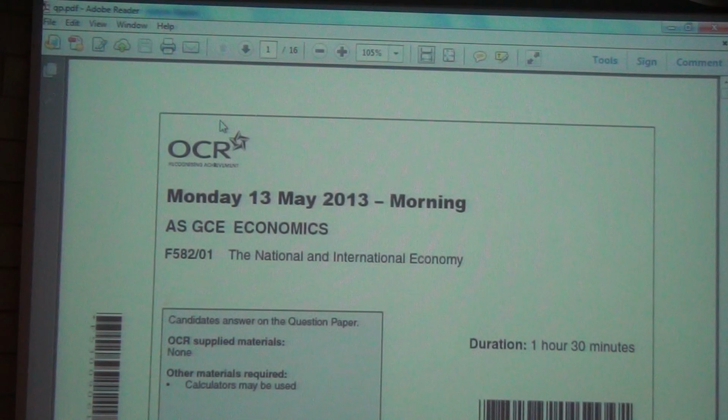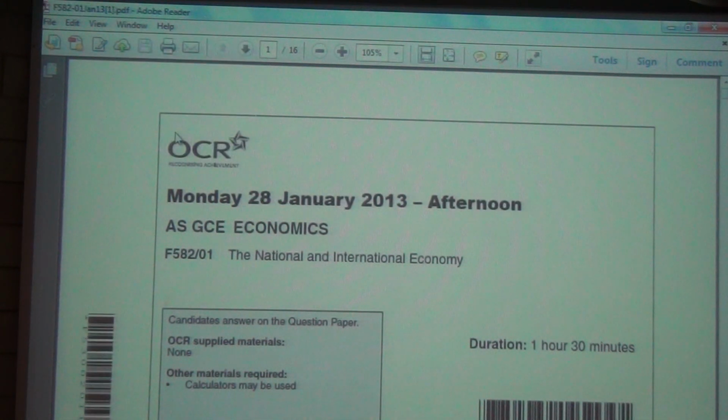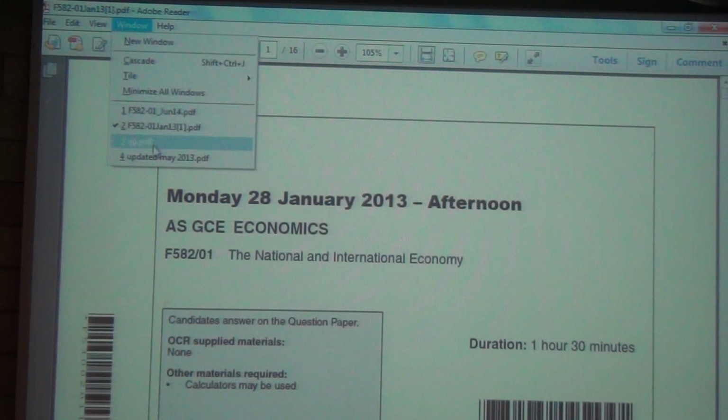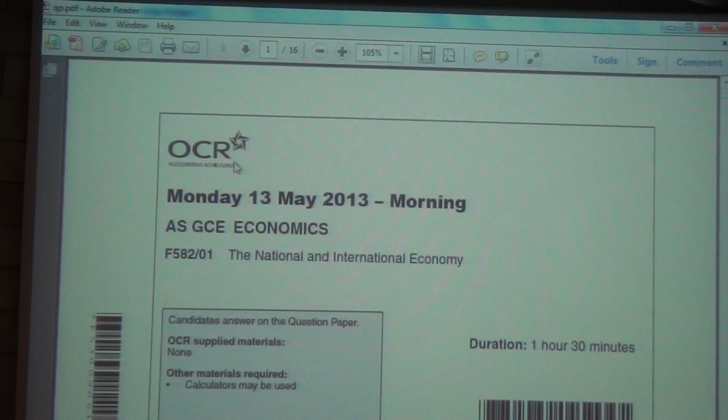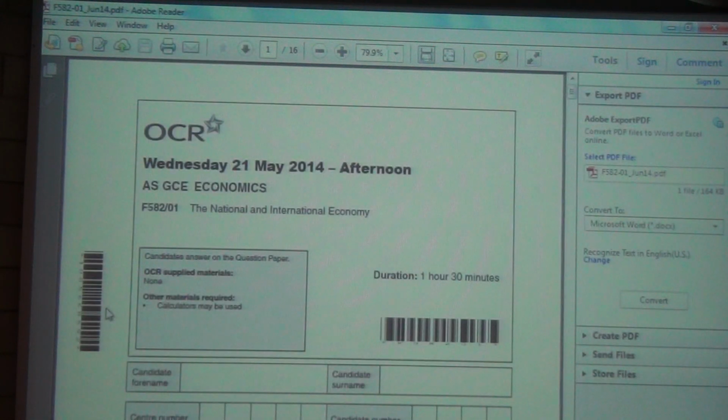For the 3 previous sessions, we should be looking at January 2013, then the summer 2013 papers, that's May 2013, and the summer 2014 paper. You can get those from the OCR website.